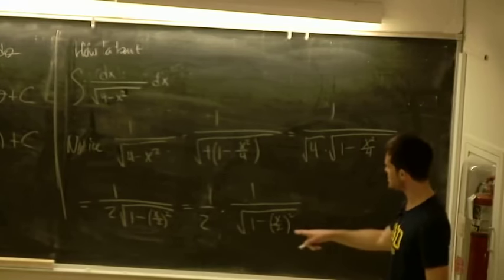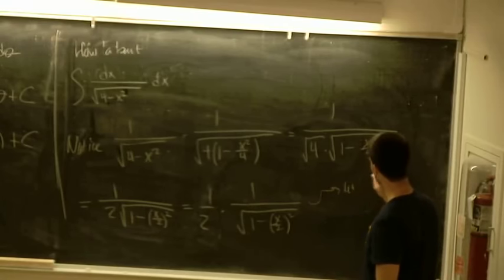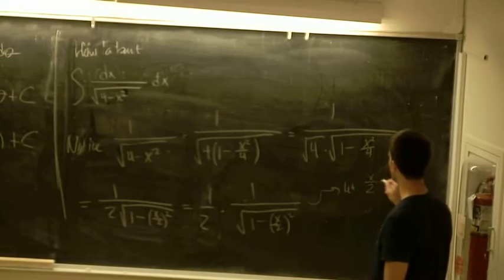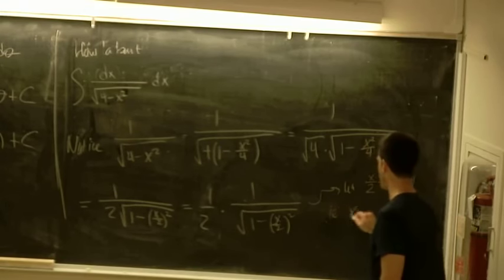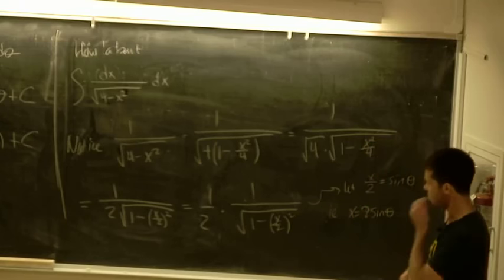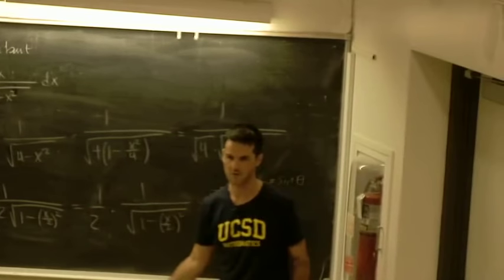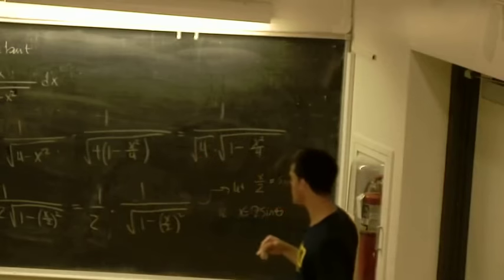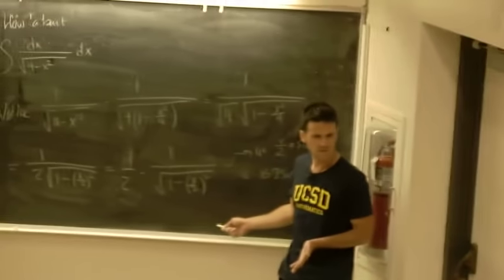So this suggests that we should let x over 2 equal sine theta, i.e. x equal 2 sine theta. And then this 1/2, it just goes in front of the integral, right? Like the 1/2 is no problem. So really, it's pretty much the same problem.